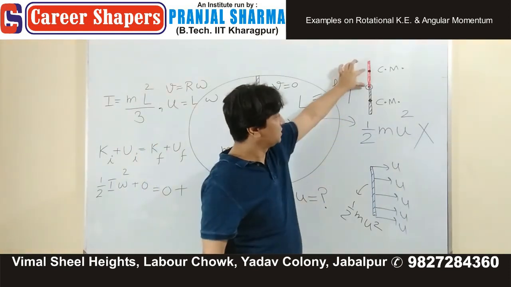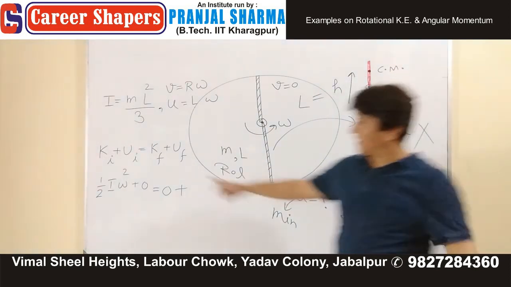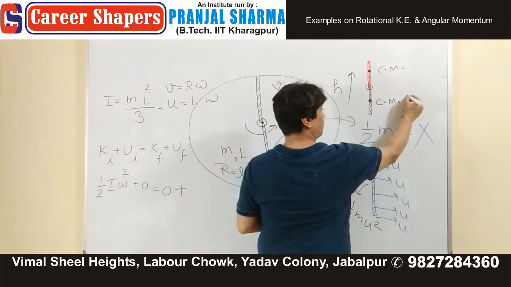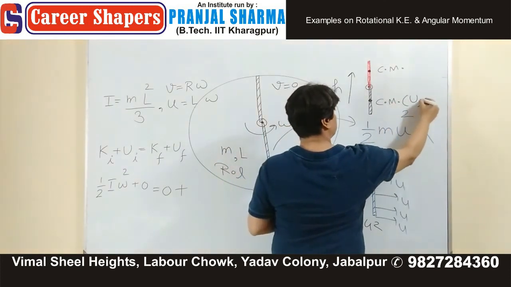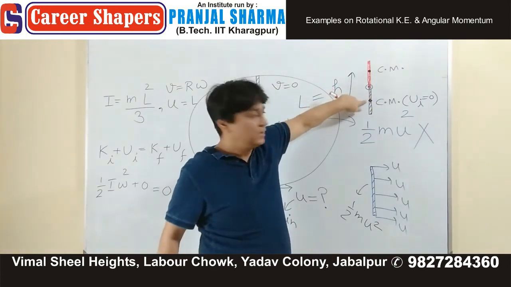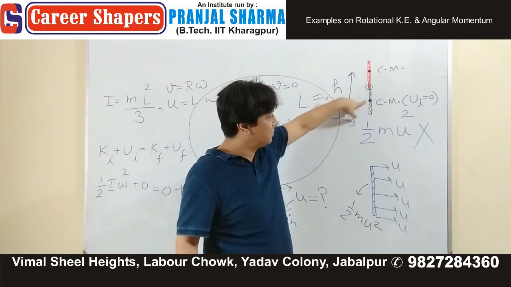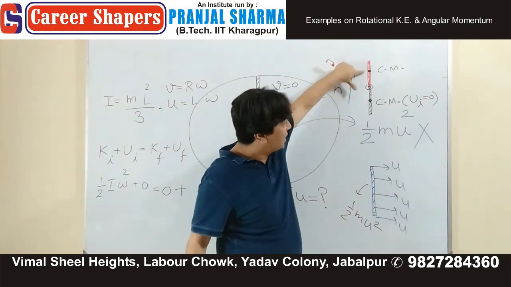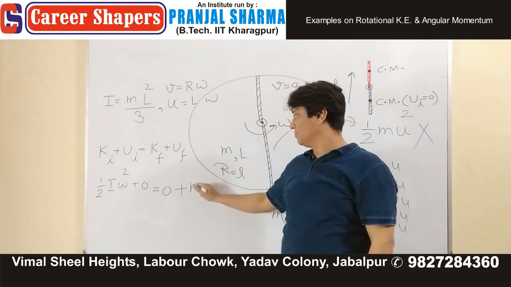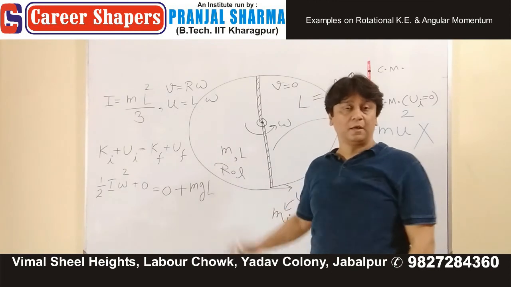L by 2 plus L by 2, which is L. So when I say potential energy U is 0, this was taken 0 right here, at the initial location of the center of mass. H height. Now what is the potential energy? MGH, which is MGL.